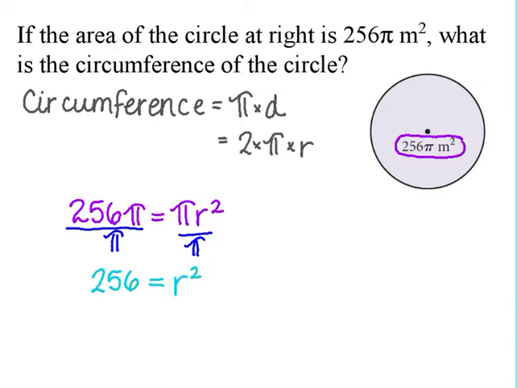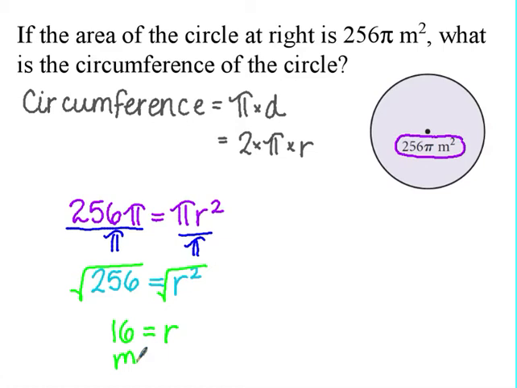How do you undo a square? Square root. Very good. So take the square root of 256. What do you get? 16. So I know that my radius is 16 meters.